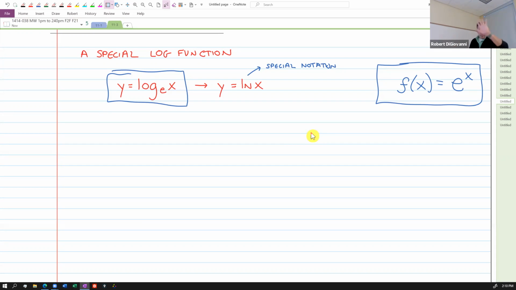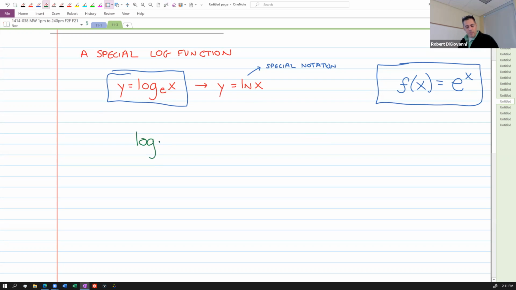Now, at some point in time, people decided to stop writing this log base e function like this. They said, you know what, let's stop doing this, and instead of this, we're going to use this. I just want you all to understand, because this is important.